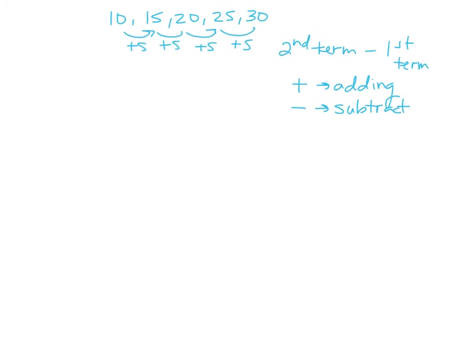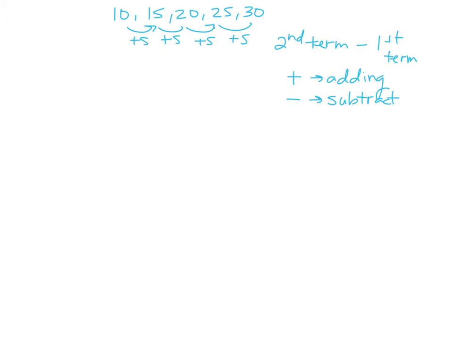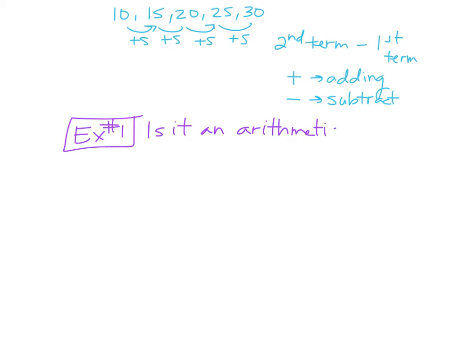So first thing we're going to do is ask the question, example 1, is it an arithmetic sequence? Okay, so I'm going to give you a sequence. You tell me, is this an arithmetic sequence based on what we know? 2, 5, 8, 11, and so on.